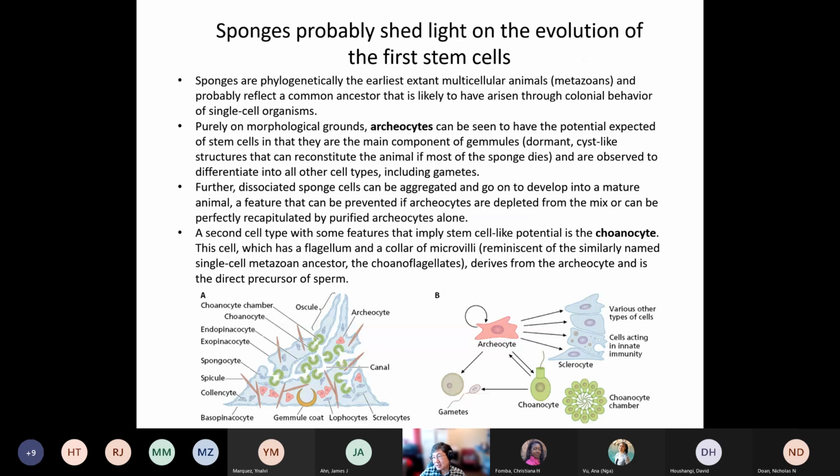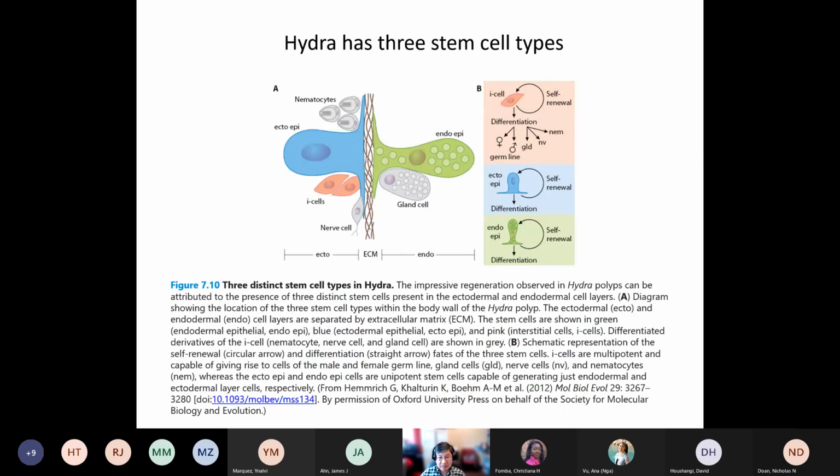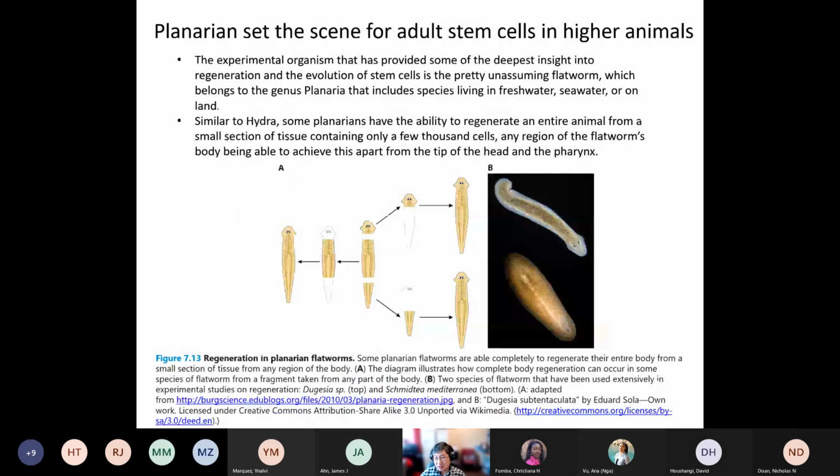Not only is their symmetry more advanced, but also the Hydra doesn't have the complicated structure like this flatworm. So the flatworm will develop from three germ layers, and then they have a neuron system, they have muscle. They are just a lot more complicated, a lot more advanced than the earlier species we have described.